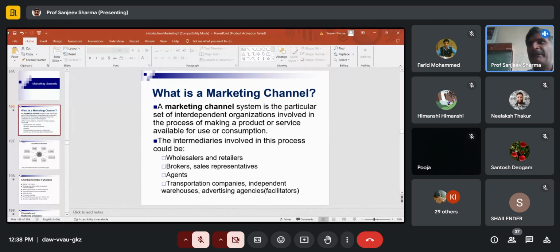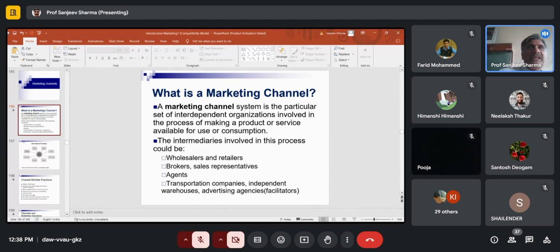Companies use multiple forms of promotion. They don't depend only on one form of promotion. It is also known as marketing. They say, no, we are communicating.